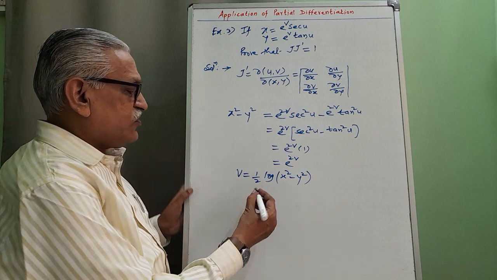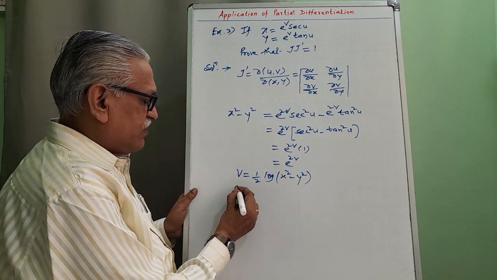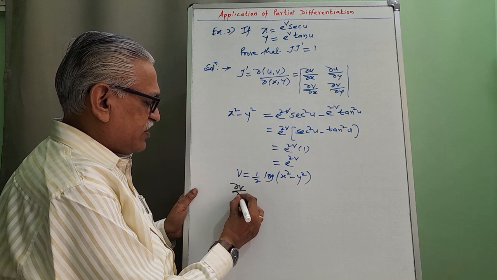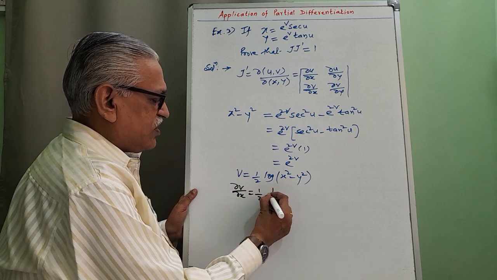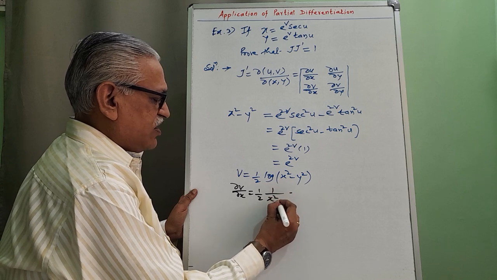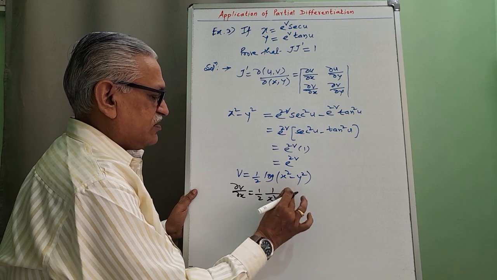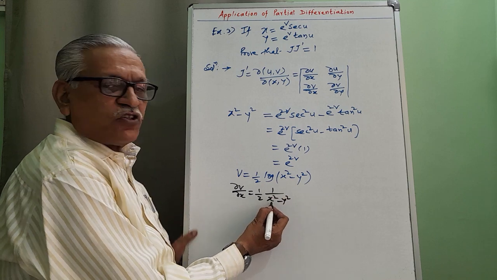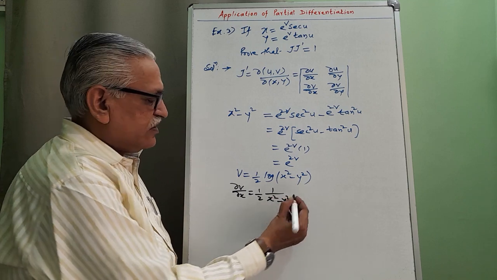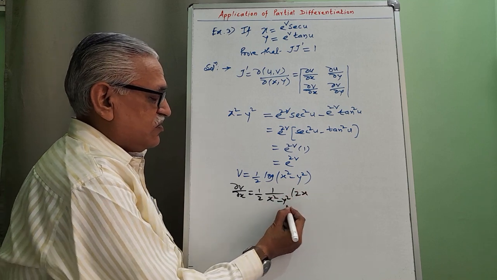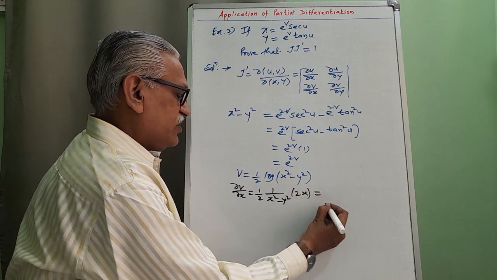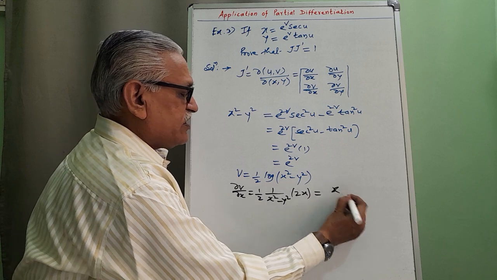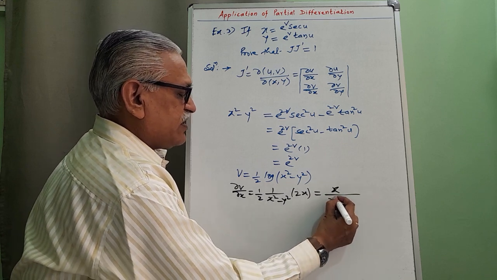Differentiating this with respect to x, we get the partial derivative dou v by dou x, keeping y constant. Derivative of log is 1 upon x square minus y square. Chain rule, differentiation of this term with respect to x is 2x. Y square is a constant term, its derivative is 0. And therefore the 2 gets cancelled, we get x upon x square minus y square.